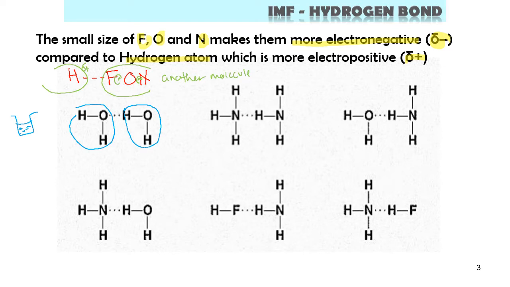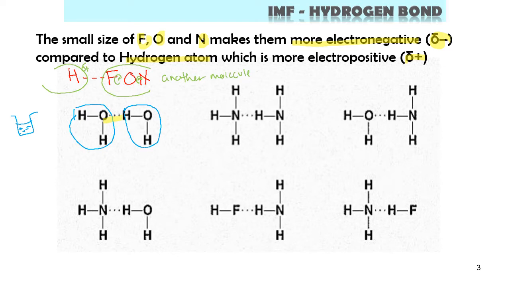And between the molecules themselves, among the water molecules there will be hydrogen bonding. So hydrogen bonding is represented by the dotted line or the dash line. Okay, this is hydrogen bond. So it can be between the same molecule.